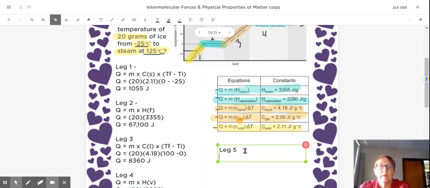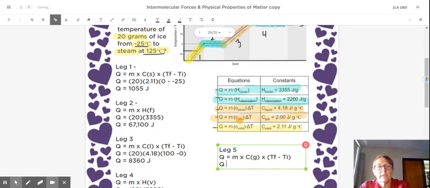Let's do this. Leg 5, our equation Q is going to be equal to M times C of gas this time, times delta T, so T final minus T initial.